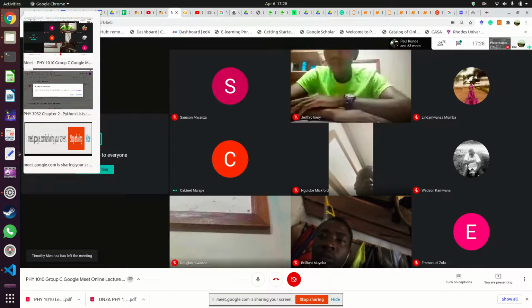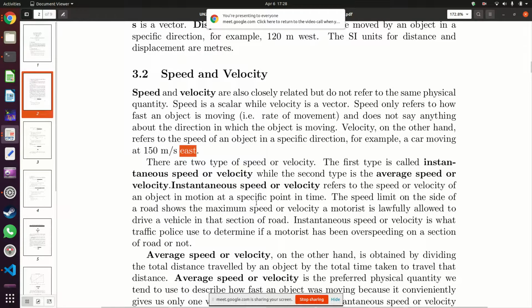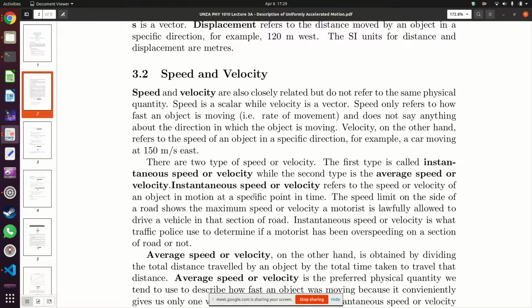So there are two types of velocities or speeds you're interested in. One of them is called instantaneous velocity or instantaneous speed. This instantaneous speed or velocity is an estimate of what the speed or the velocity of an object is at a particular point in time.